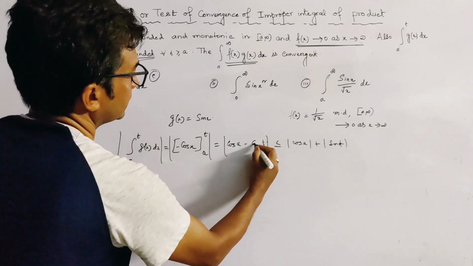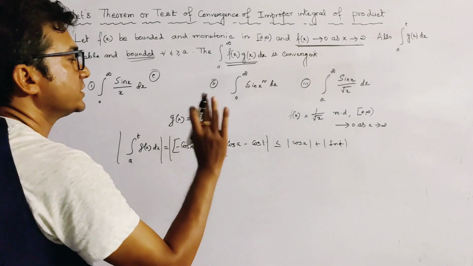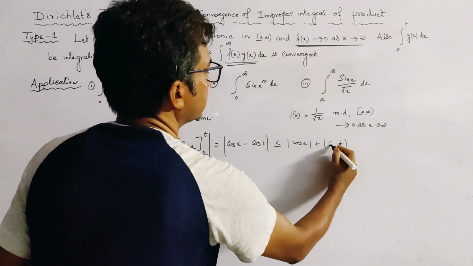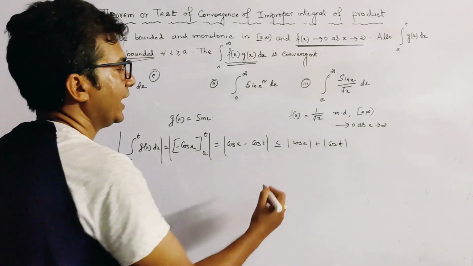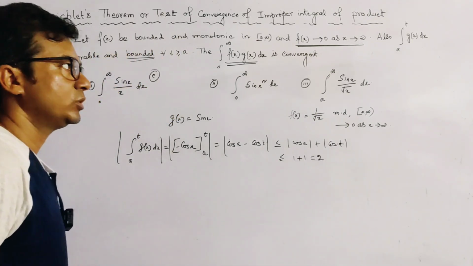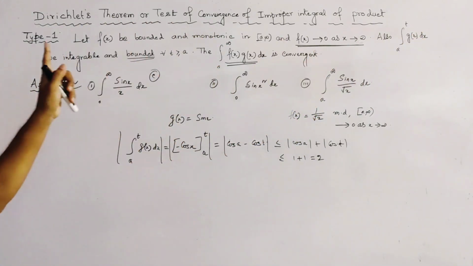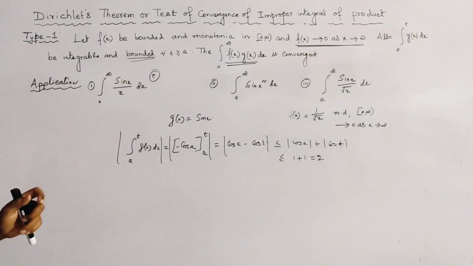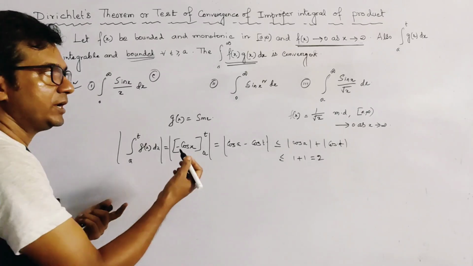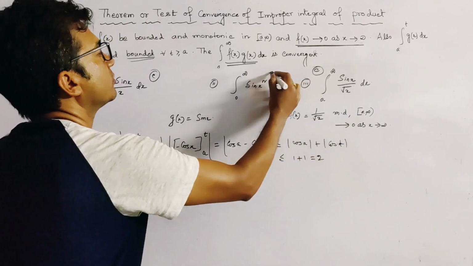We are right here because the function is sin, so the integration is cos, okay? This is also cos, and we say that this is 1 plus 1, so this is equal to 2. So integration a to t g(x) dx is bounded and integrable. So by using Dirichlet test, similarly we say that the third integration is also convergent.